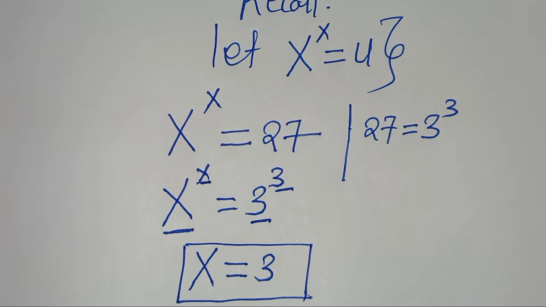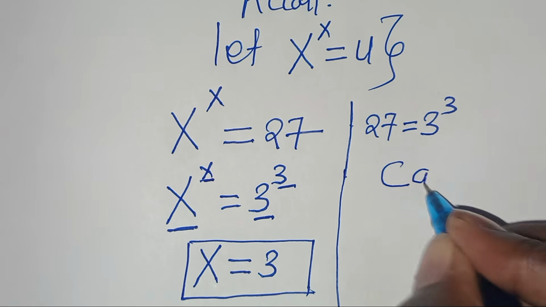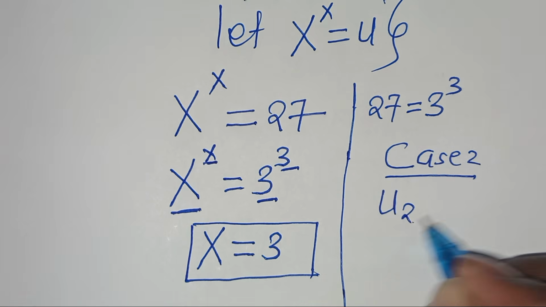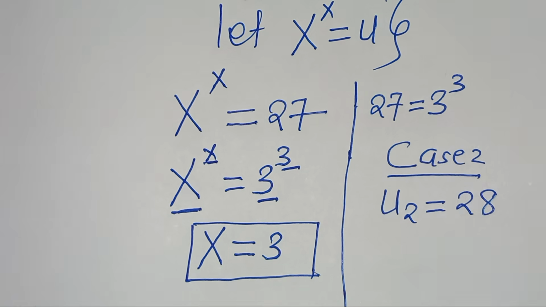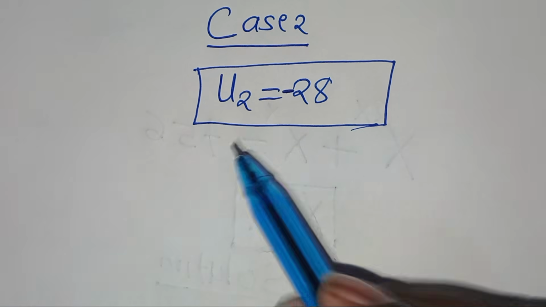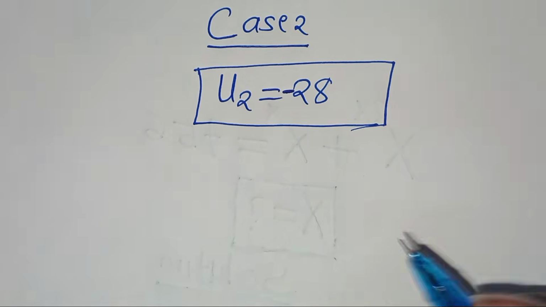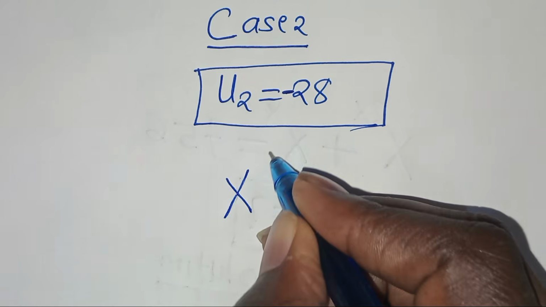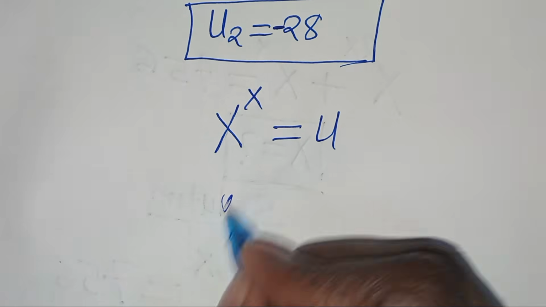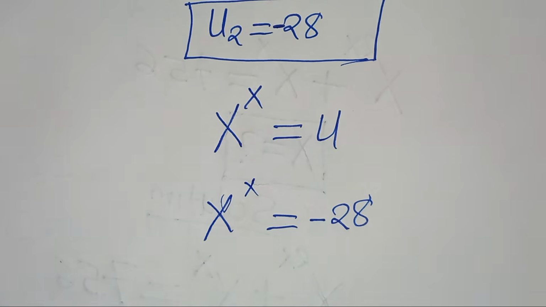Now, let's check case 2, where u2 is equal to negative 28. We have x raised to the power of x equal to u, so x to the power of x is equal to negative 28.